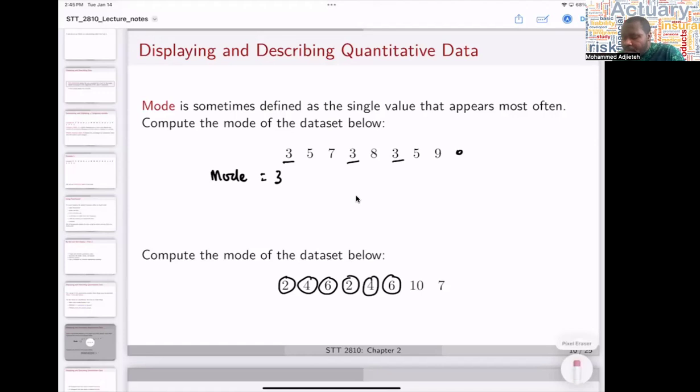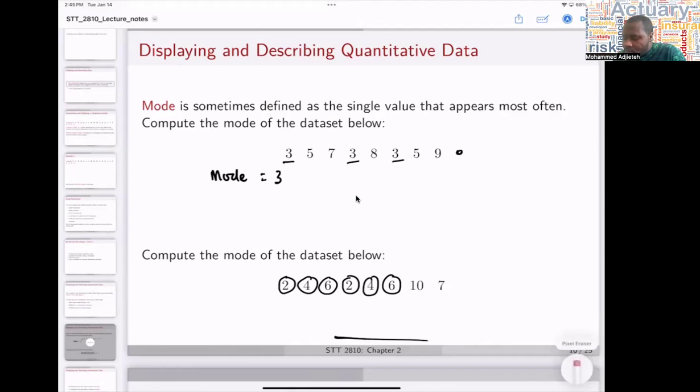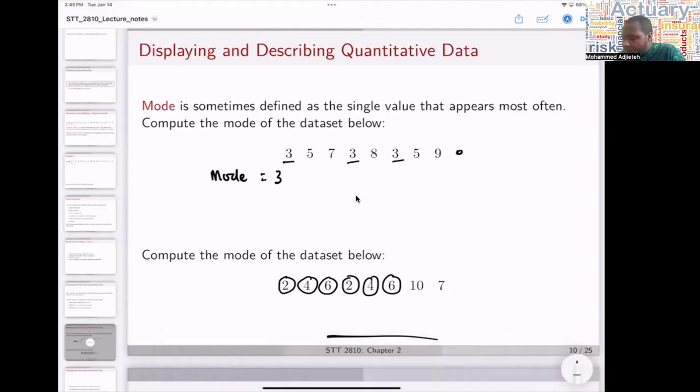And so here we can see that the mode is 2, 4, 6.